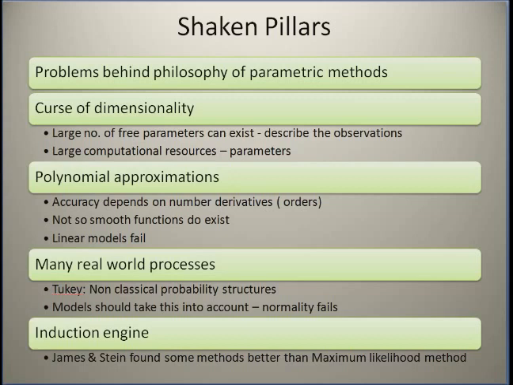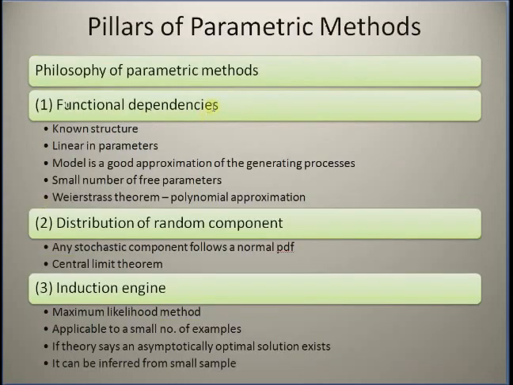But if a function is not so smooth, then it is bound to have a zero value for some higher derivative. And then in this case, the linear models fail. That is, the linear model in parameters fails, especially the polynomial approximation, whose accuracy reduces. So these two problems basically shake the first pillar, that is the functional dependency.